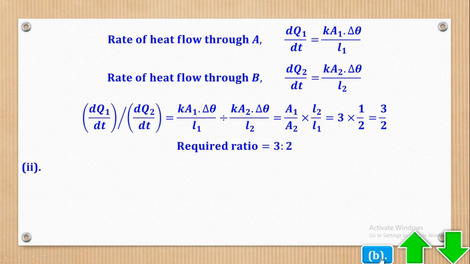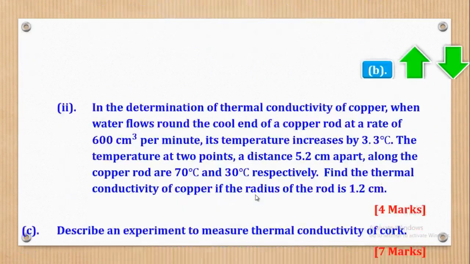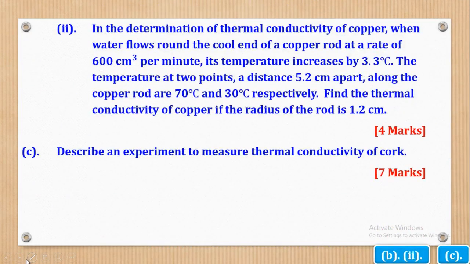Now we shall go to part B, Roman 2. Roman 2 says, in the determination of thermal conductivity of copper, when water flows round the cool end of a copper rod at a rate of 600 cubic centimeters per minute, its temperature increases by 3.3 degrees Celsius.